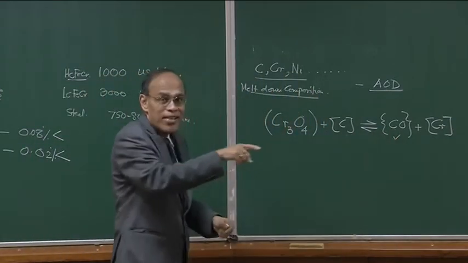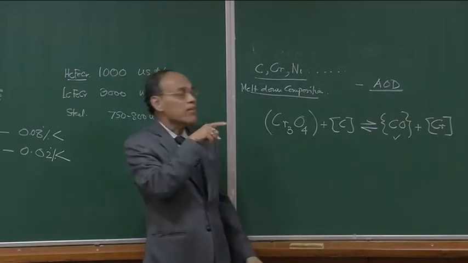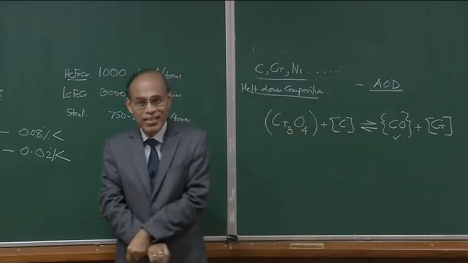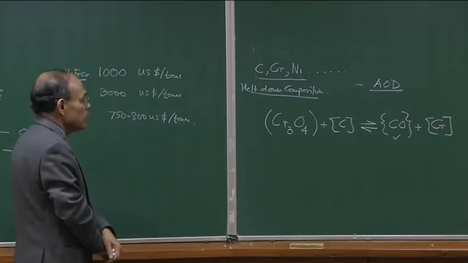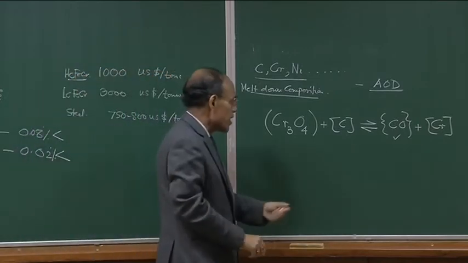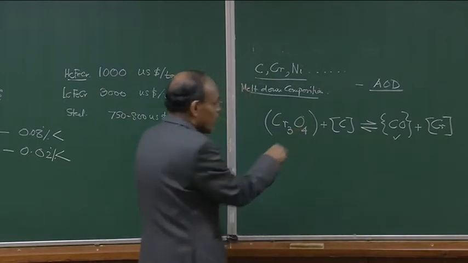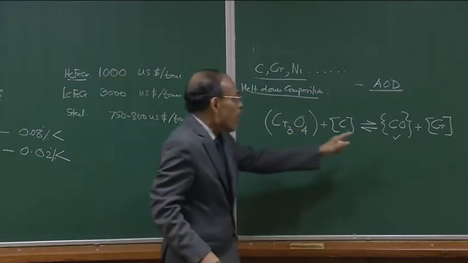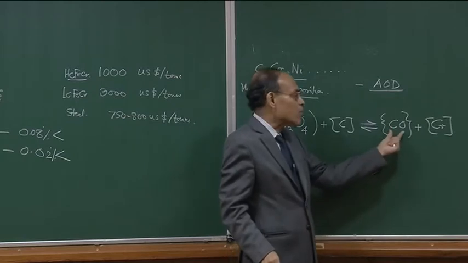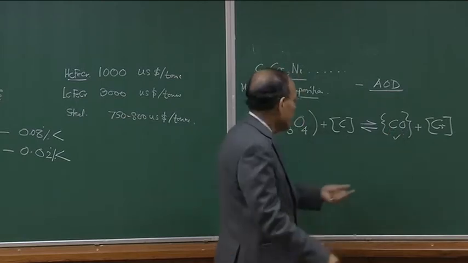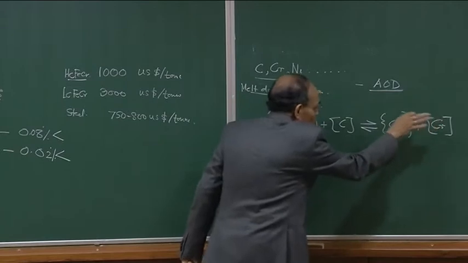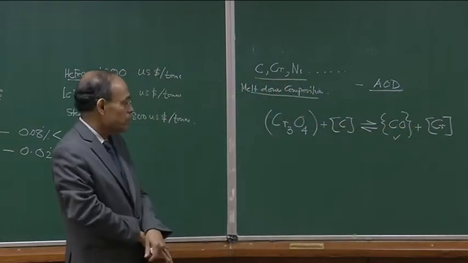So, we want this reaction in stainless steel making to go in the forward direction. Therefore, if you look at the thermodynamics of this reaction, the lower the pressure of carbon monoxide in the system, the better will be the tendency for this reaction to go in the forward direction.